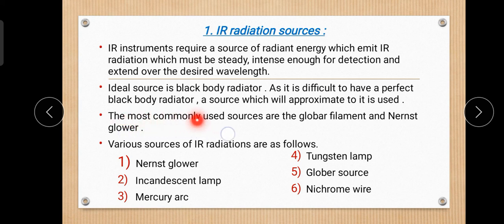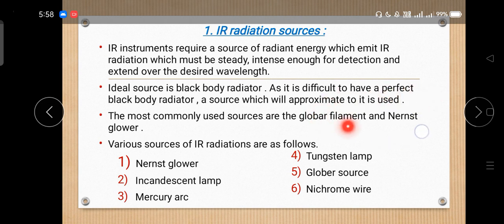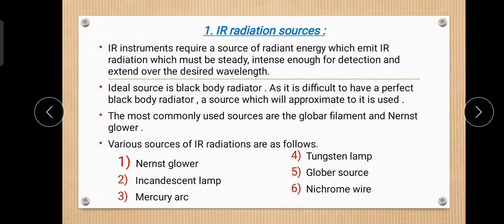The most commonly used sources are the globar filament and Nernst glower. There are many sources of IR radiation, but these two are the most widely used.